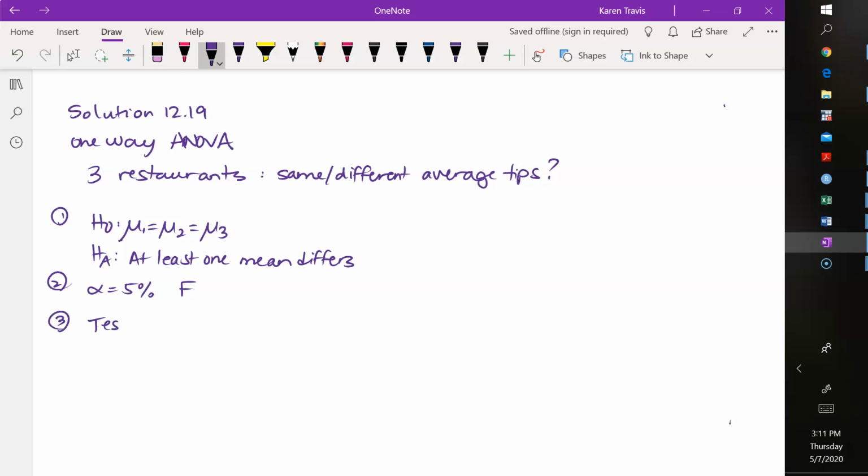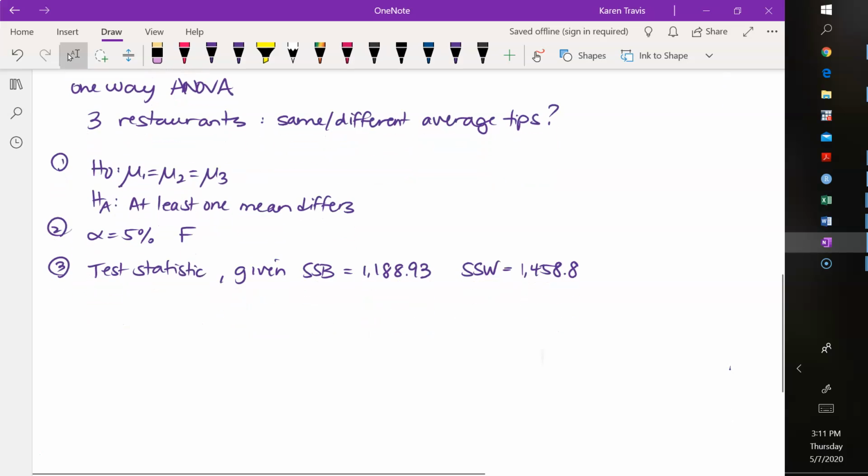So to get the test statistic, what I told the class is I would give you SSB, sum of squares between, and SSW. So assume for this problem that sum of squares between is 1188.93 and SSW is 1458.8.